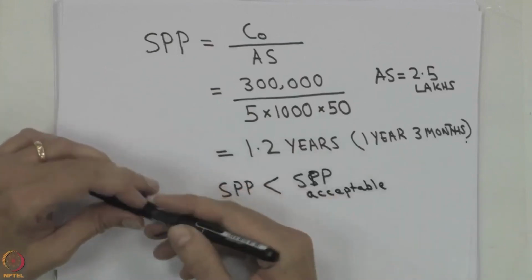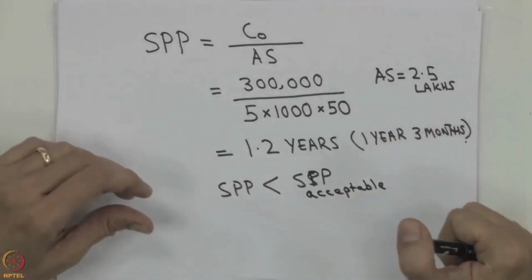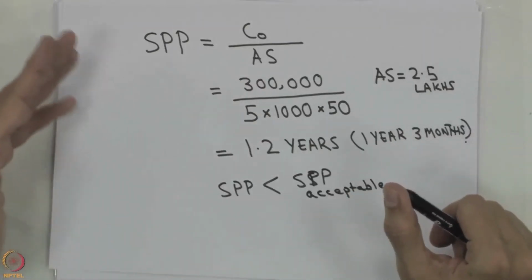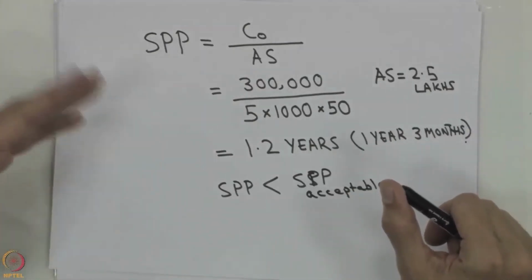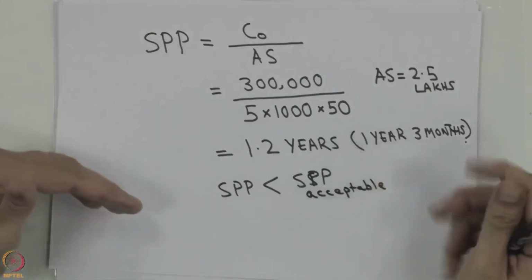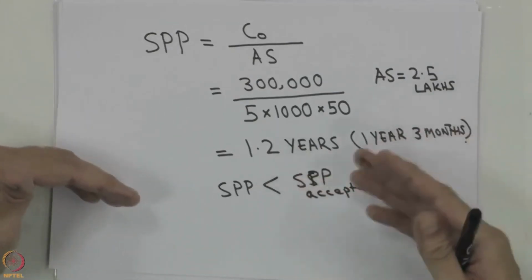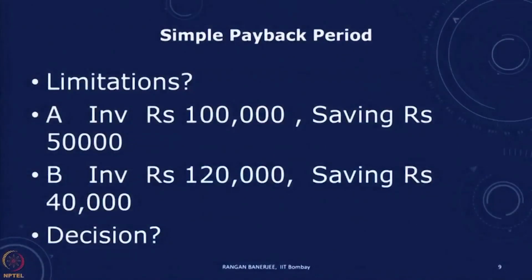For instance, if you have a project where there is a payback of 3 years and the company wants paybacks only less than 2 years, the company will not go for it, even if the project will give benefits for more than 10 years. So, the decision will be taken by the company which is making the investment. This is what we look at in terms of the simple payback period. Now, let us talk about the limitations of this simple payback period.